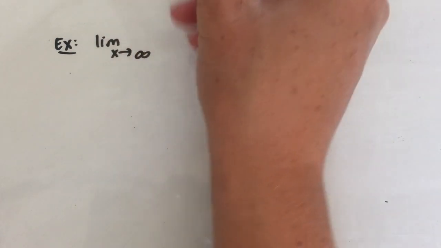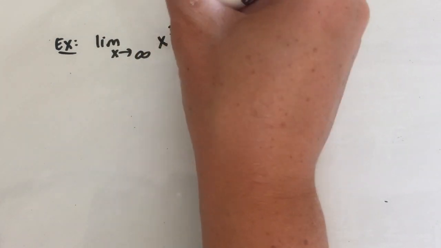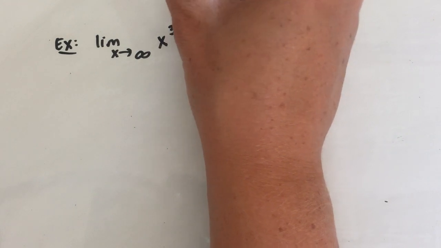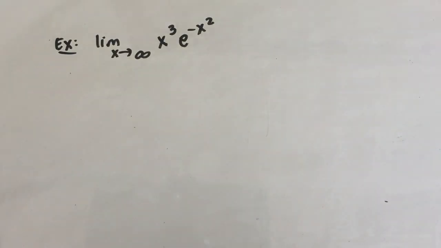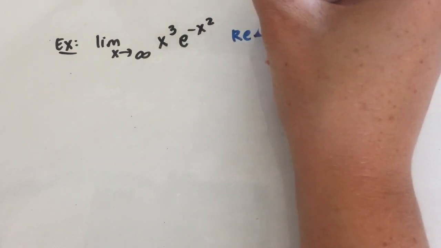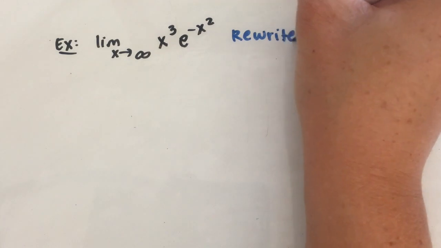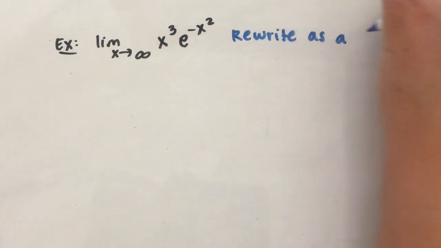Now for my next example, I have the limit as x goes to infinity of x cubed times e to the negative x squared. So first we're going to want to rewrite this as a fraction so that we can see whether it's in indeterminate form.